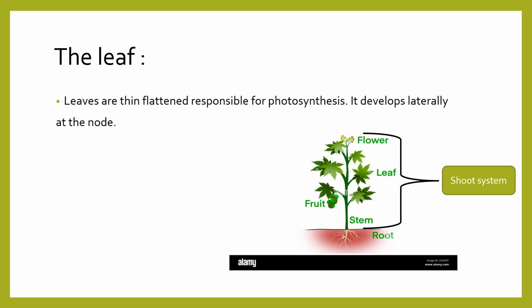So what's a leaf? Leaves are thin, flattened, and responsible for photosynthesis. For one leaf we say leaf, spelled L-E-A-F, and for more than one we say leaves, L-E-A-V-E-S.